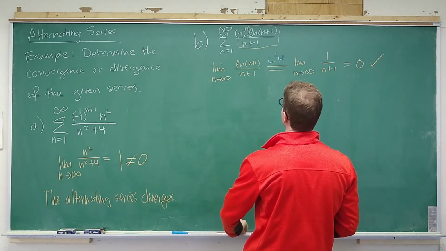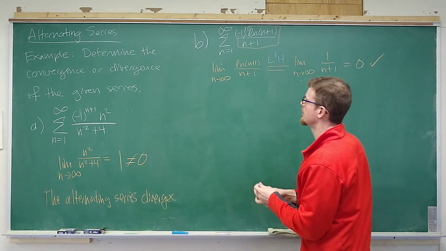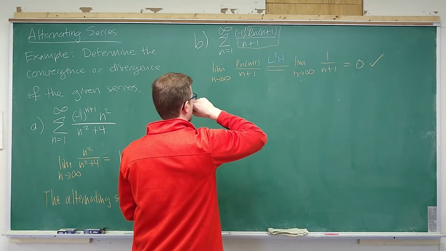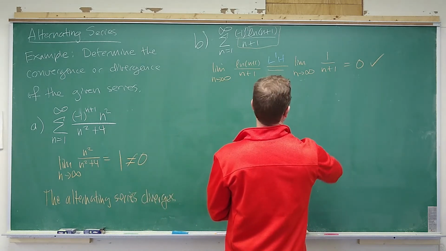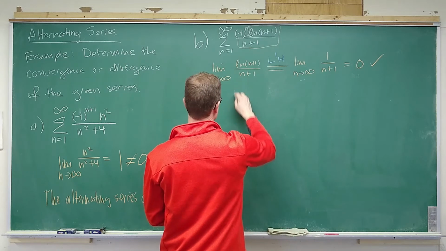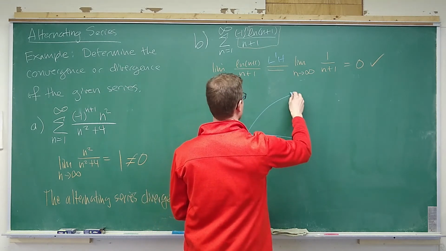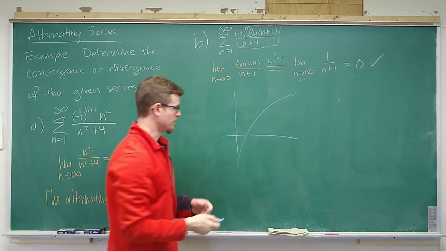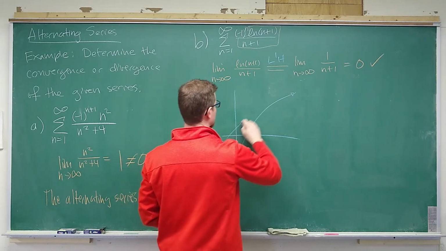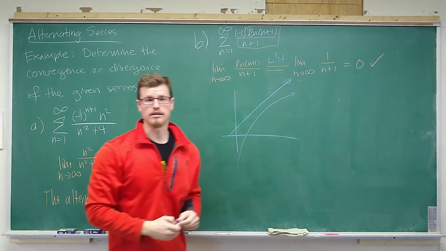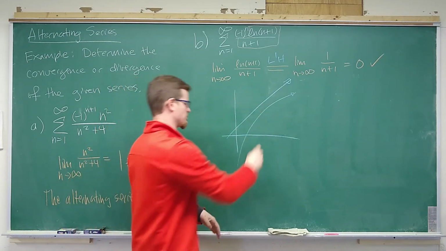Excellent. Now the next part is we need to show that this thing is also eventually decreasing. And in order to do that, there's a couple of different approaches that we could take. The first approach would be to simply consider the graphs of the two functions and observe what happens. So natural log of n plus 1, and the linear function.